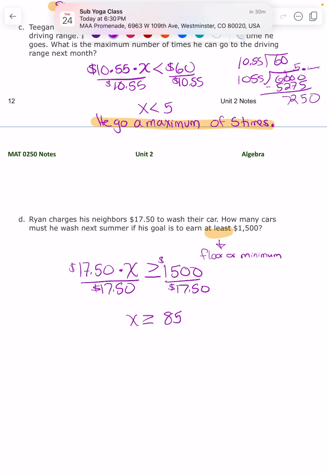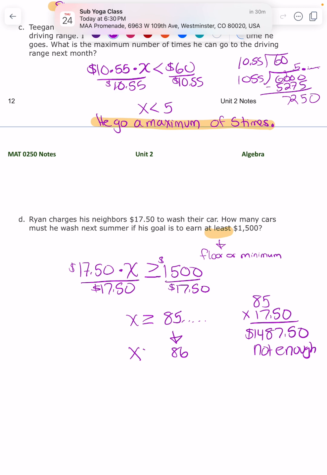And it doesn't matter what the change is, because again, if he washes 85 cars, it's not going to quite be enough, because if you look at 85 times 17.50, so this one's kind of like the other way around. It's only $1,487.50. That's not enough. So it's 85 point some change, so you have to bump it up to 86 to make it enough.